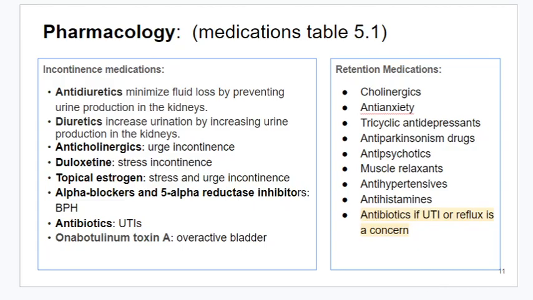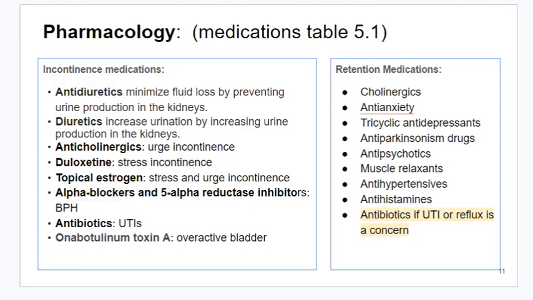Some other collaborative pharmacological therapies I do want to mention. I do want to touch on anticholinergics real quick for you. Anticholinergic medications do reduce urinary frequency as well as incontinence. Cholinergic medications promote the excretion of urine, so that's why they're on the retention side. Antibiotics obviously treat our infections.